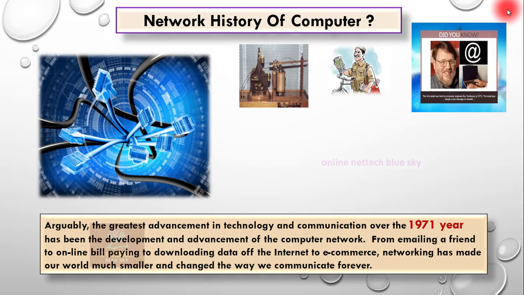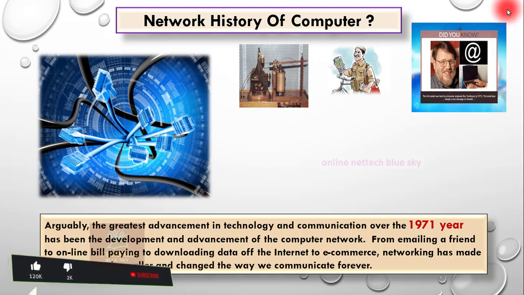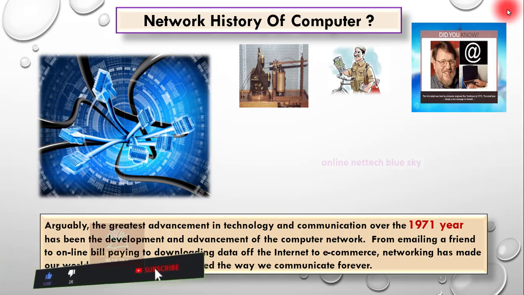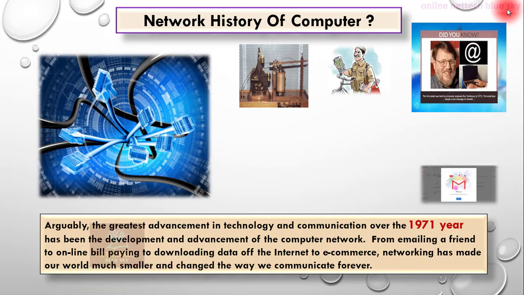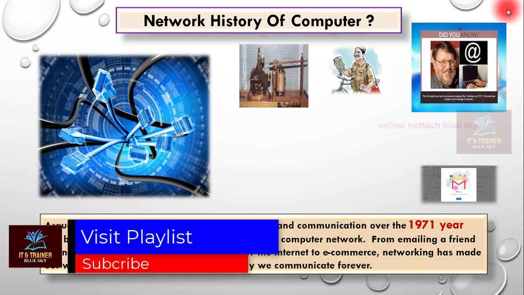In 1971 email started, sending mail from one computer to another, and this system was very helpful. But now Gmail technology is the latest and highly powerful technology, using different technologies in Gmail systems. That is electronic mail, meaning an electronic network system.